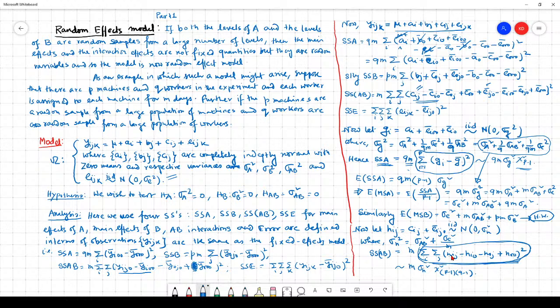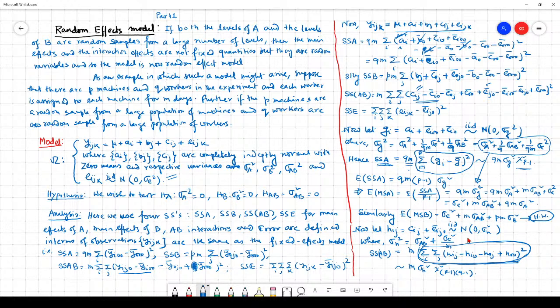So no problem, you can use the result, because SSC follows a constant times chi square with degrees of freedom p minus 1, q minus 1.